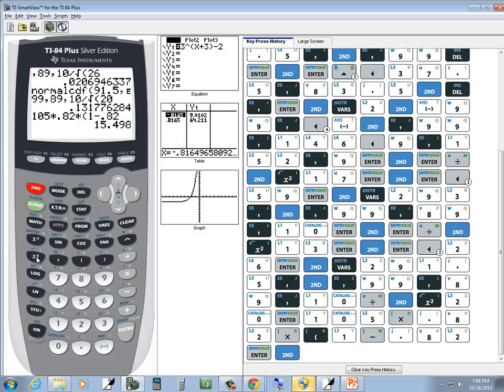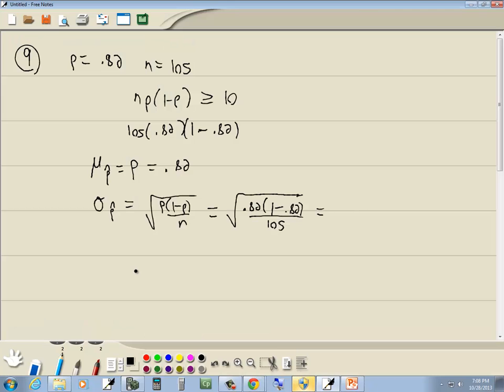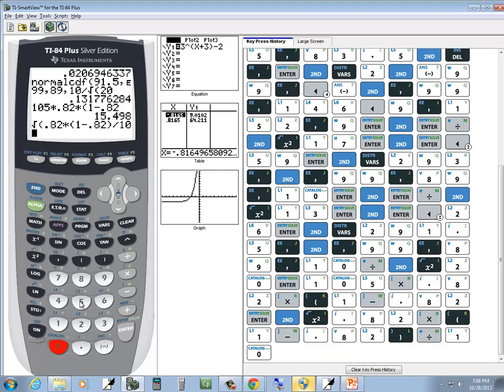So second x squared, 0.82 times, beginning parentheses, 1 minus 0.82. I'll put a closing parentheses there. Divide by 105, enter.